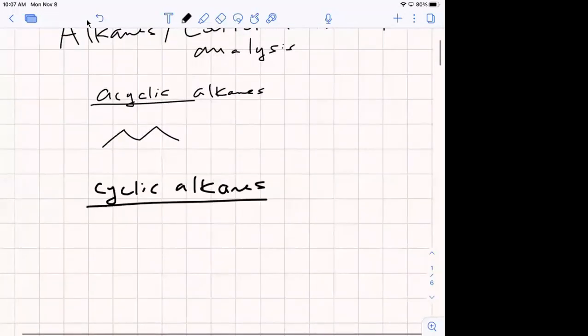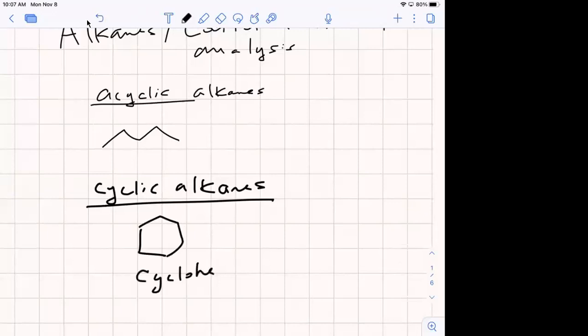We're going to focus more on 6-member rings, like cyclohexane. And we're going to talk about the different conformations of both, right?